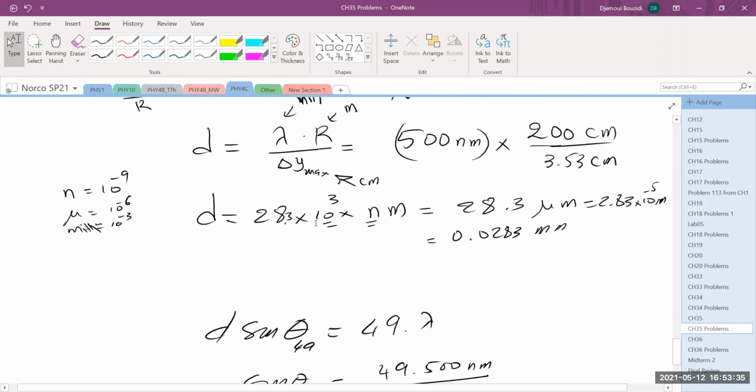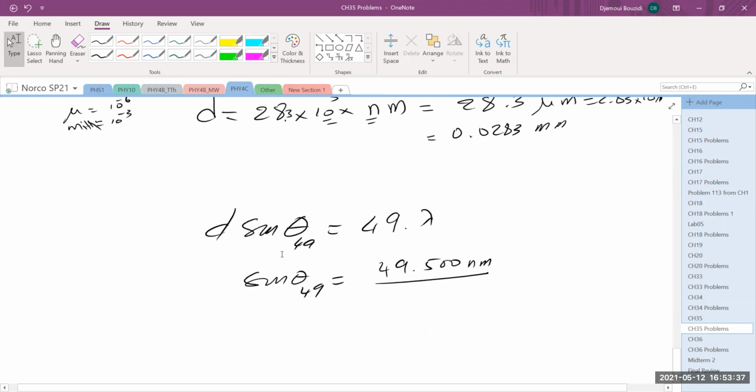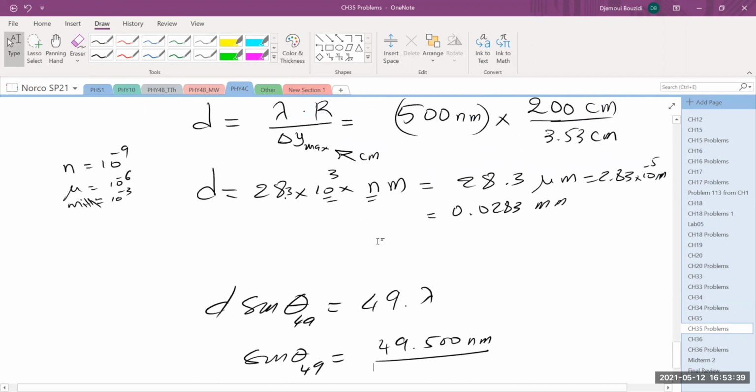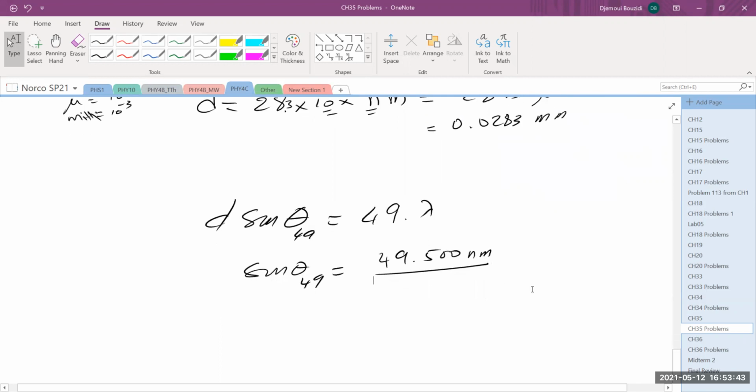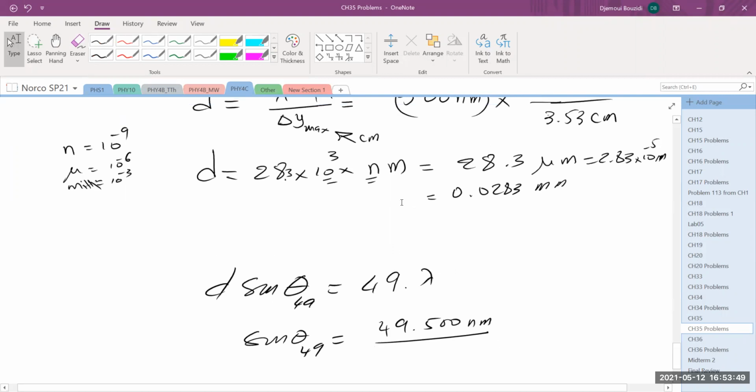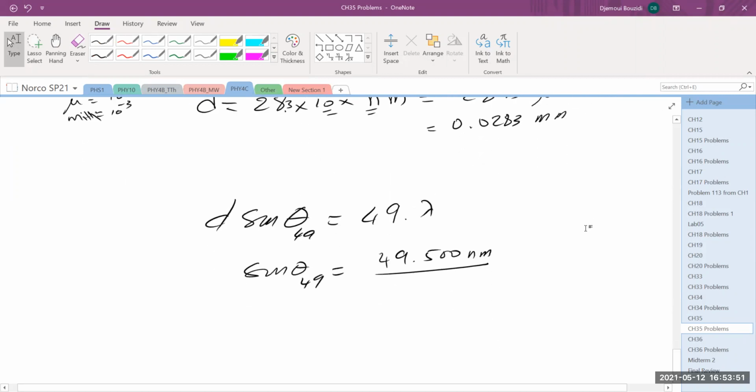Keep it as is, because you have D in nanometers, and you have the numerator in nanometers, so the nanometer cancels the nanometer. In D, keep it in nanometers. So I'm going to use 28.3 times 10 to the power 3 nanometers.